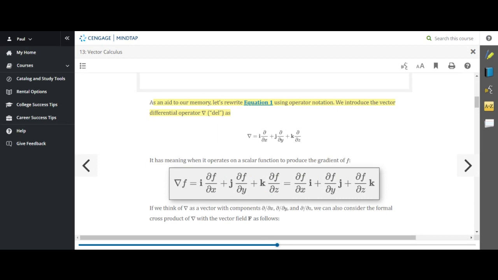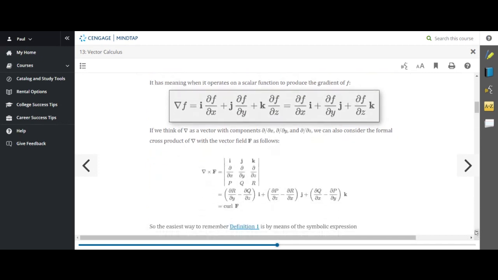So if the del operator operates on a function f, you get the gradient vector. Hopefully that makes it a little less abstract for you.